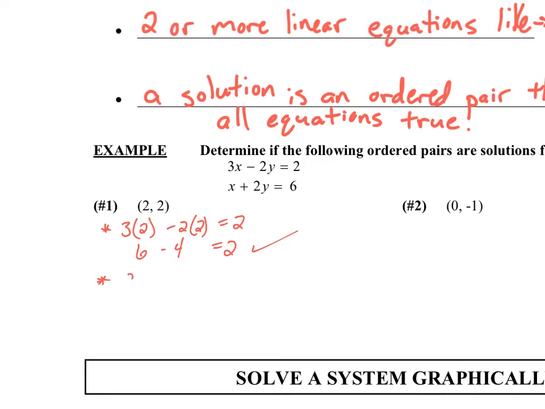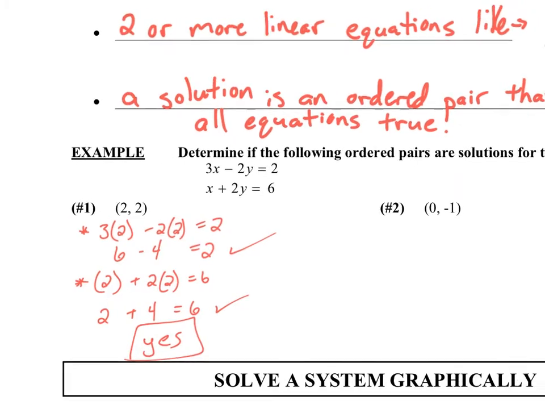Secondly, take the second equation, 2 plus 2 times 2 equals 6. Does 2 plus 4 equal 6? Yes. So both of them end up making it true, so the answer is yes. This is a solution. Did that ordered pair make both true? Yes. So is it a solution? Yes.